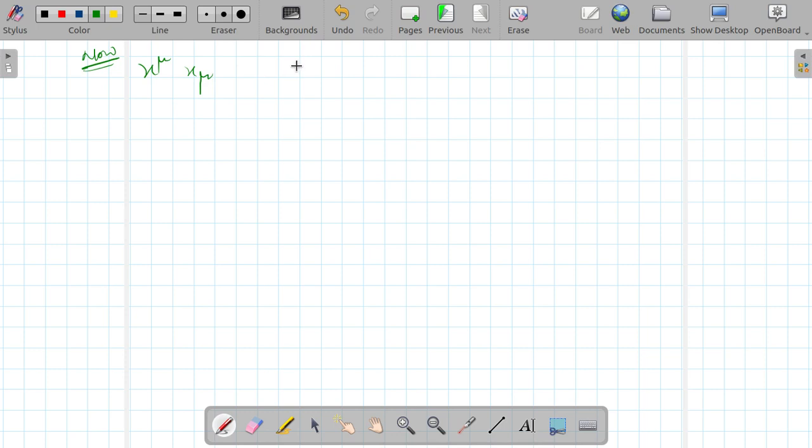As I know, g mu nu x nu is basically the representation of x mu, and this x mu will remain as it is. This can be written in the form of a summation, so that means it is this one.